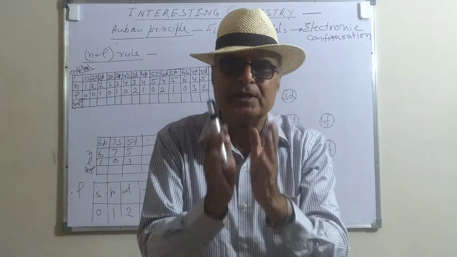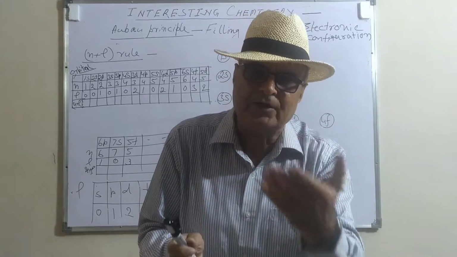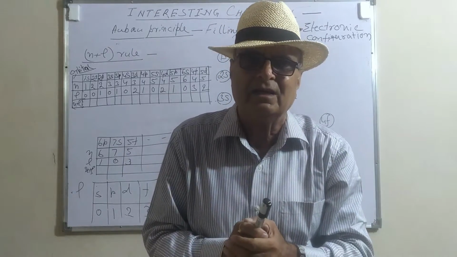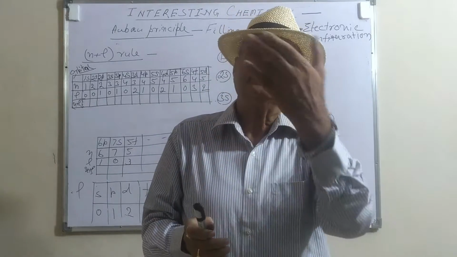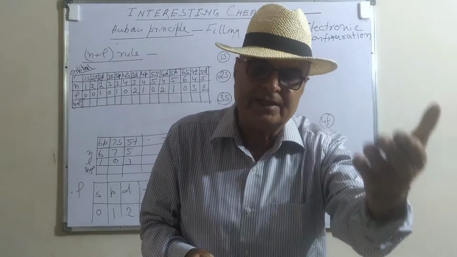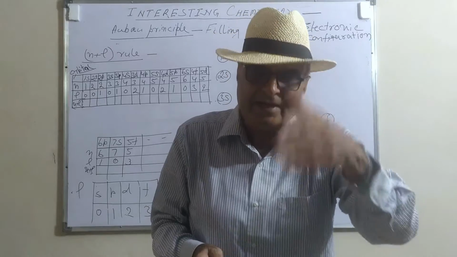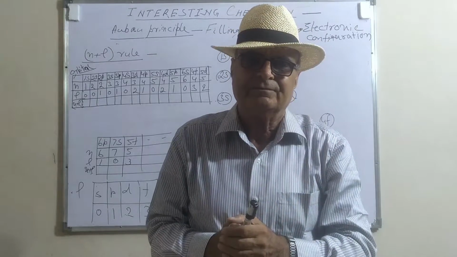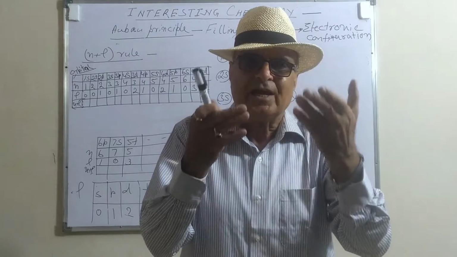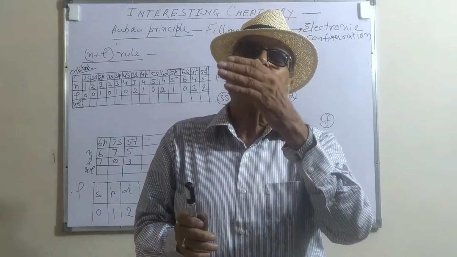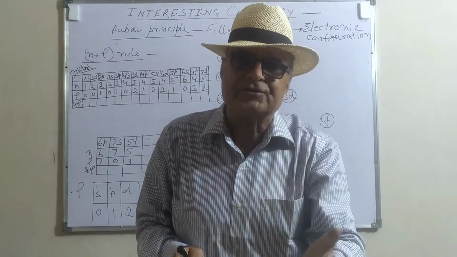If the N plus L value of a particular subcell is greater, then it will be higher in energy. If the value of N plus L is low, then it will be low in energy.